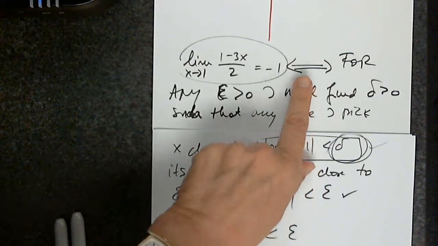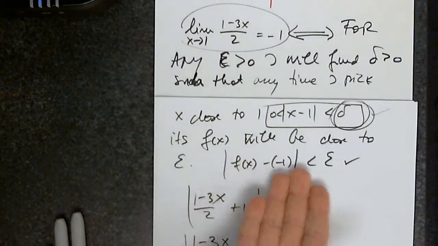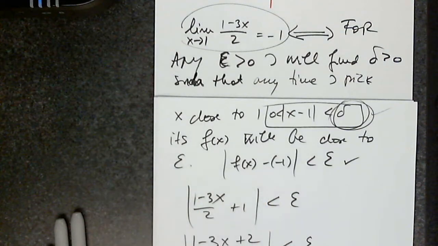That's why it's a double equivalency. Without writing all this, you will not be able to come up with a starting point. You have to write it. Yes. This is algebra.